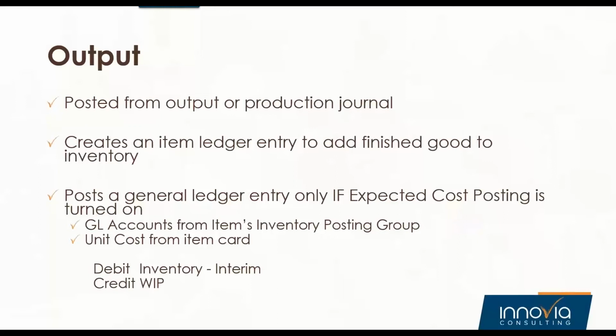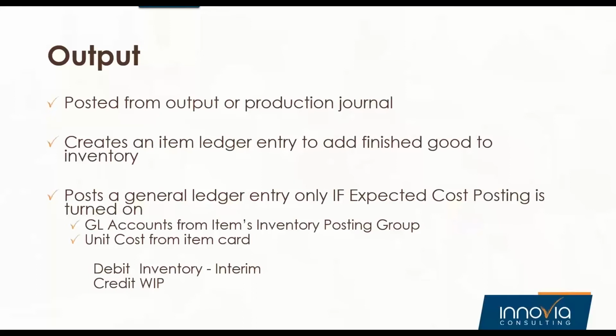So you have to have expected cost posting turned on for it to post expected cost for that output line in your item ledger entry and your GL. The actual cost of an output line is not posted until we finish the production order, which we'll show.